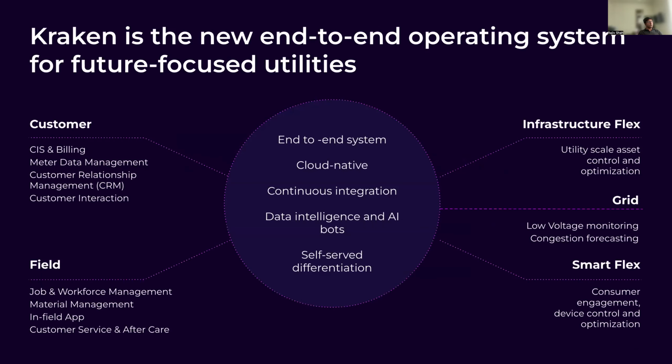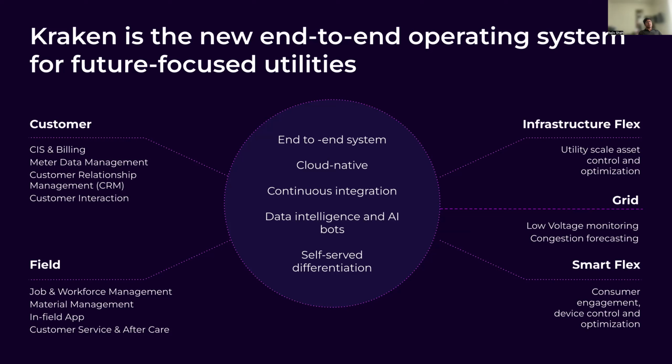So just a quick overview of what Kraken is. Kraken is what we call an end-to-end operating system for future-focused utilities. We have a customer module that's doing everything from CIS and billing, meter data management, to your customer engagement capabilities. We're managing the deployment of field workforce.